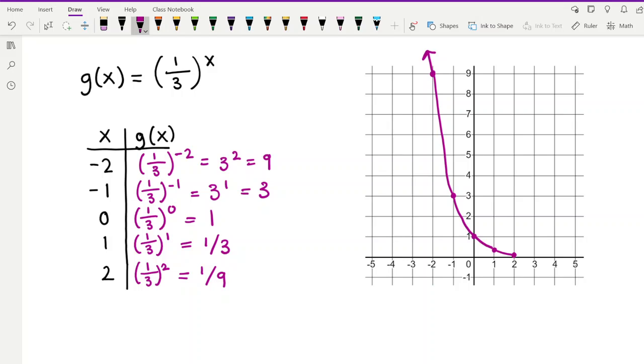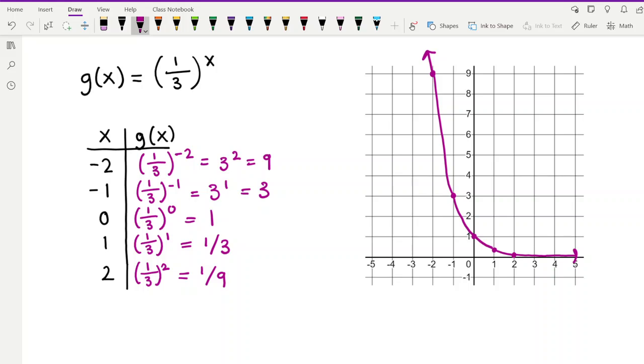And what about to the right? Well, if you take 1/3 and keep multiplying it by itself, the outputs get smaller and smaller, right? We get 1/3, 1/9. The next one would be 1/27. The next one would be 1/81. So the outputs are just going to get smaller and smaller. But just like with the other one, it's never actually going to equal 0. It's just going to get closer and closer to 0.